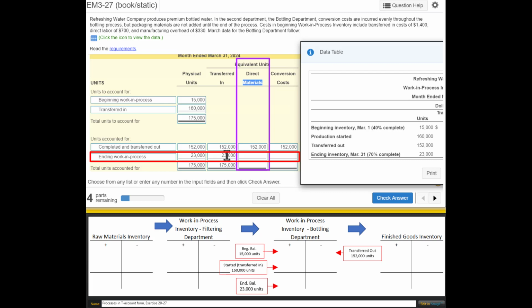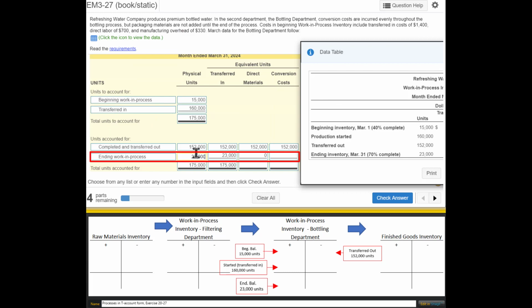If these 23,000 units are 70% complete, how many of those units have the direct materials added to them? Well, remember, the direct materials, in this case the packaging, which is the bottles, are not added until the end of the process. But these units are only 70% of the way through. So none of these units have had the direct material costs attached to them. So this would be 0.